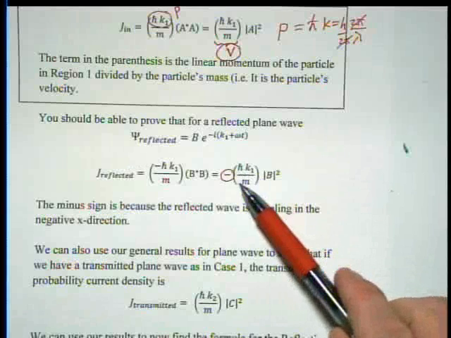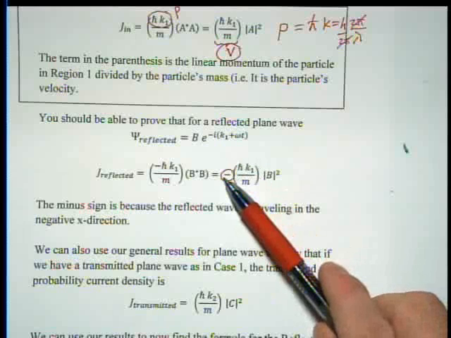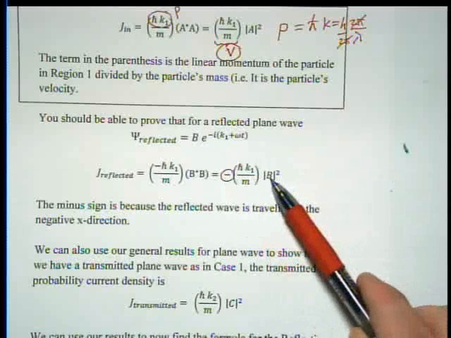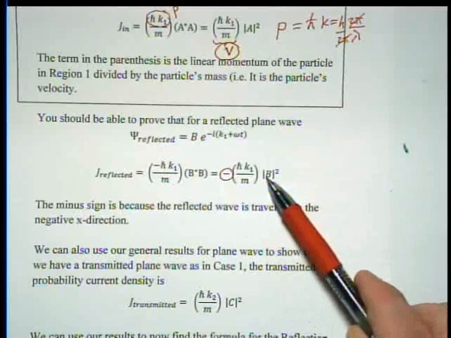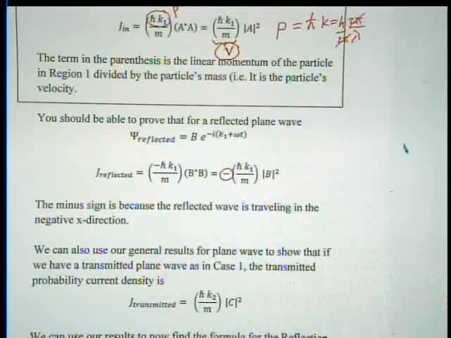So that's the magnitude, the speed, if you would. There's the minus sign. So it's velocity times how big it is. If B is bigger, you get more current density. If it's moving faster, you can get more current density. Go back and take a look. If you played with the continuity equation, you'll see the same sort of thing comes out in electromagnetism.